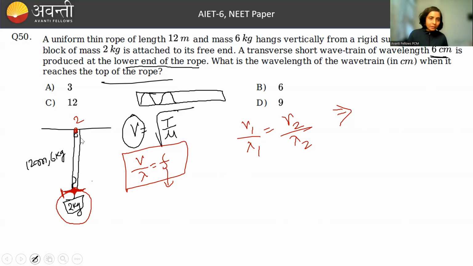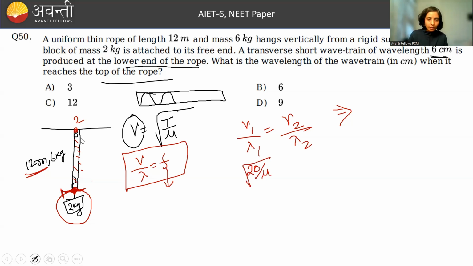So tension at this point will be equal to the weight of the 2 kg mass. So velocity v1 I will write as root of 20 Newton by mu. Mu is the linear density of the rope, and that will remain constant throughout. The rope has a mass of 6 kg and its length is 12 meter. Nothing is given about how the mass is distributed, so we will assume that mass is uniformly distributed.